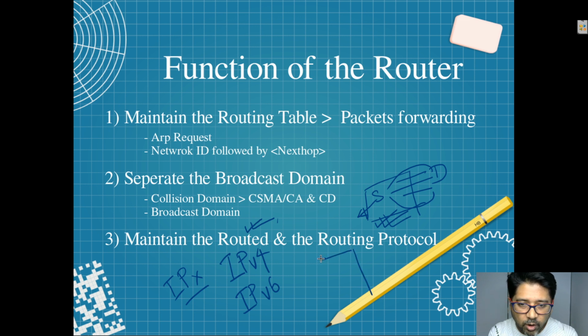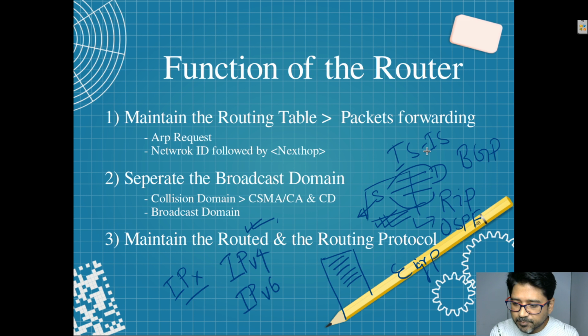So a routing protocol helps you identify the best route and install it in the routing table. It's not going to carry any data from source to destination, only information about routes. Examples of this are RIP, OSPF, EIGRP, BGP and IS-IS.